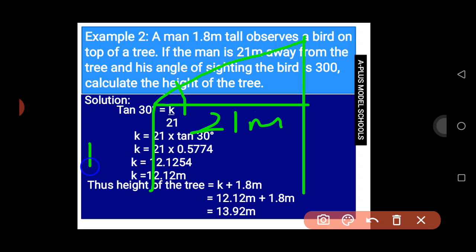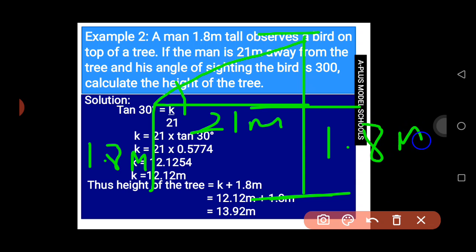The height of the man is 1.8 meters, but you will notice that 1.8 is not part of the workings here because it's not in the diagram. If I want the height of the tree, it starts from the bottom to where the bird is. So I know this from here to here is 1.8 meters, so I look for this side, which is x, then add it to 1.8.